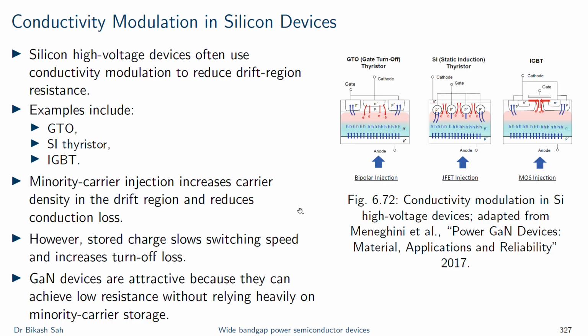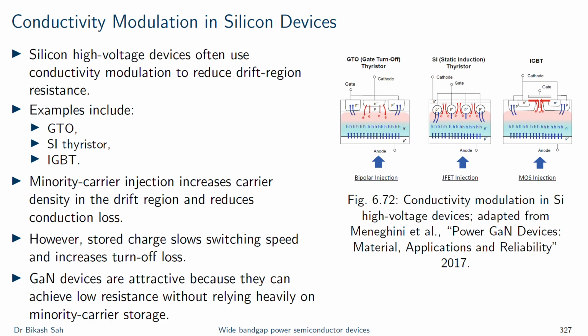We learned about conductivity modulation in silicon devices. If you remember, we were adding n minus and n plus regions, and at some moment also p plus regions. So these are different types of conductivity modulation that we have been performing, right? Just a very brief revision.